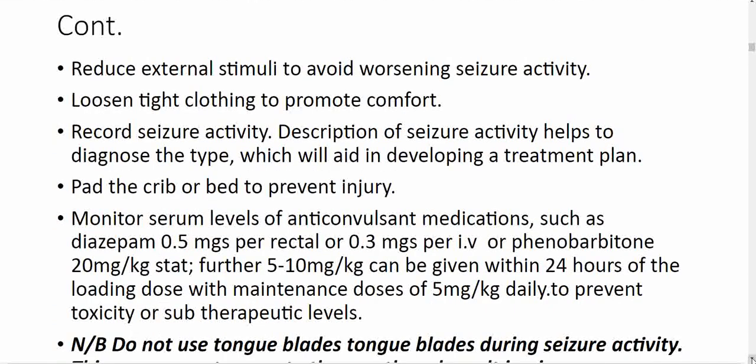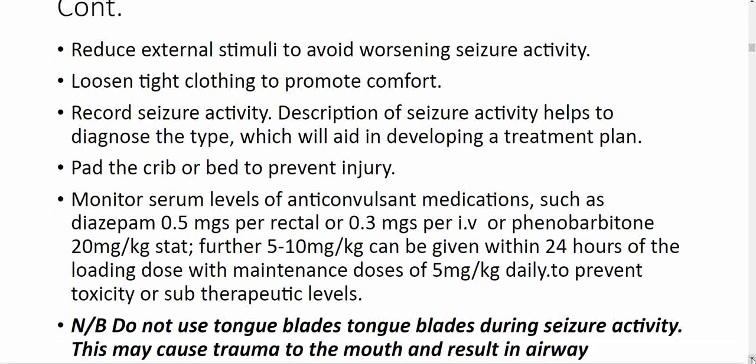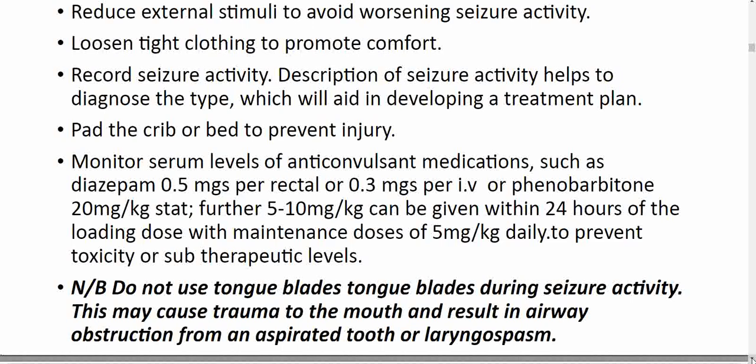Remember we have different classifications. We have the aura, the first phase, and the last phase of the seizure. You need to note them down, and we're going to check on that when you are handling seizures at large. You need to monitor serum levels of anticonvulsant medication. Diazepam is one anticonvulsant which is used.